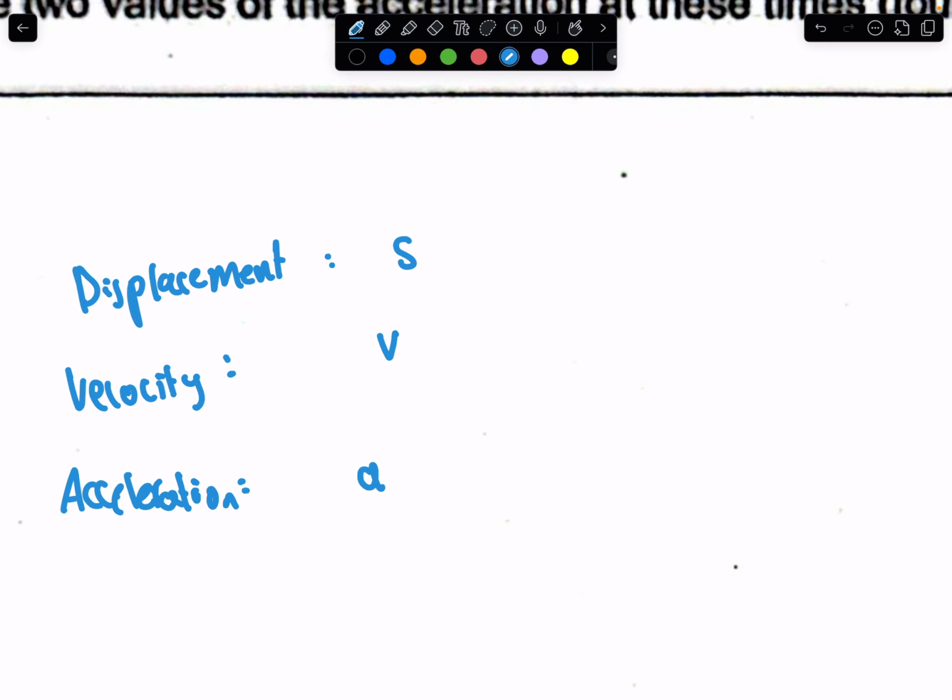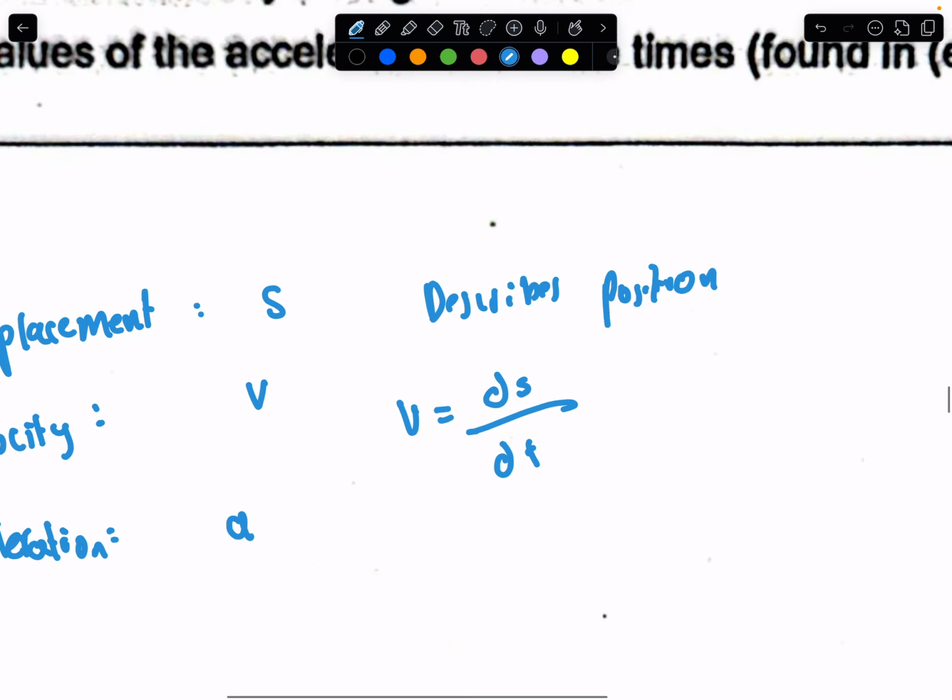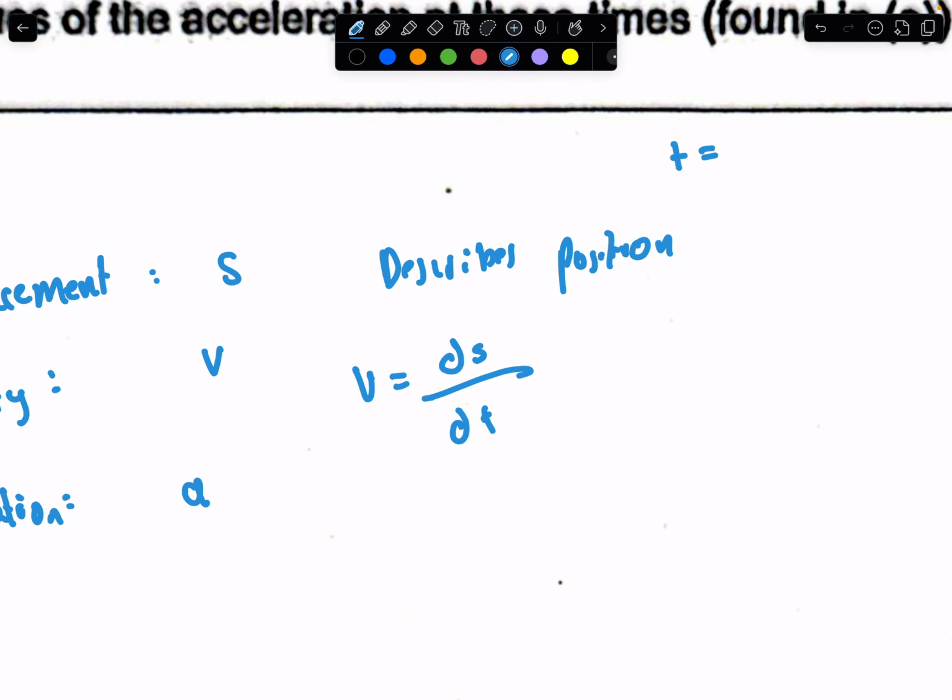Displacement describes position. Velocity is its derivative, ds/dt, where t is equal to the time.